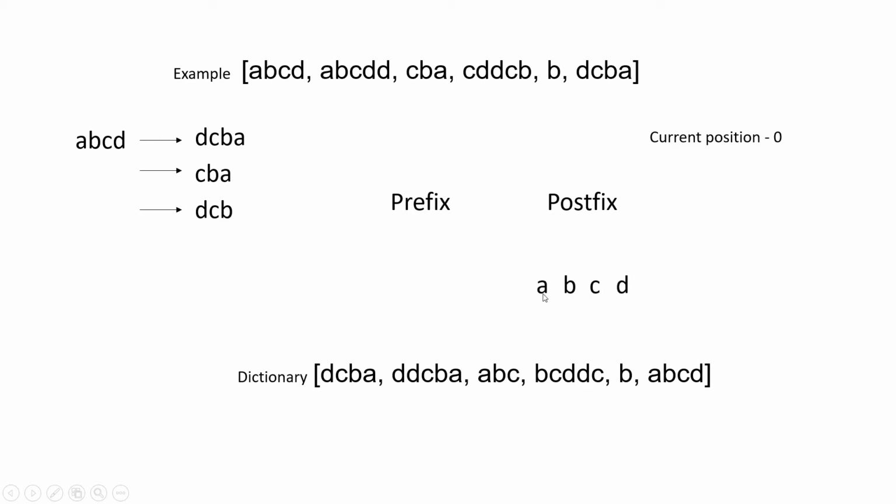Let's say here we have the word ABCD. First of all, in the prefix we have nothing. In the postfix we have the entire word. We will check if the postfix is present in our array. We see no, it is not, so we won't do anything yet. Next we will check if ABCD is present inside our array. We can see it is present.